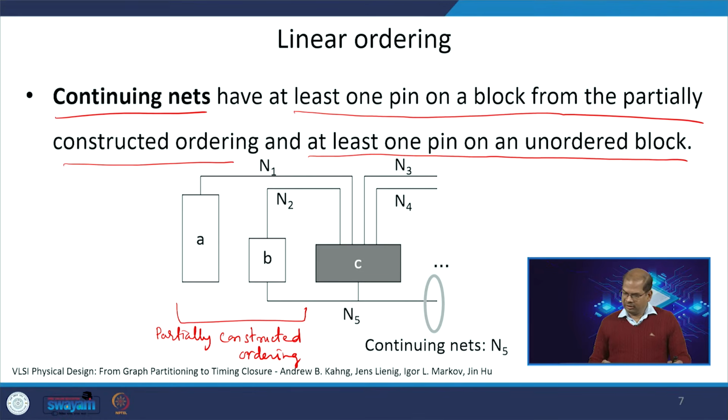If you look here, N5 has a pin on B, and it also continues to the next unplaced, or unordered, blocks. The blocks coming after block C are called the unordered blocks. That is why N5 is called a continuing net.